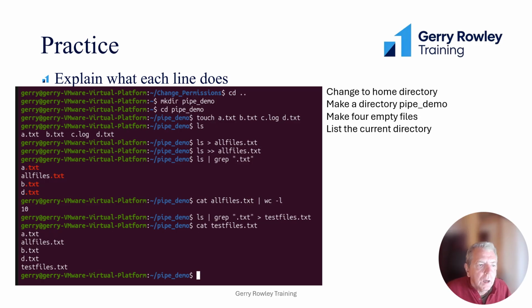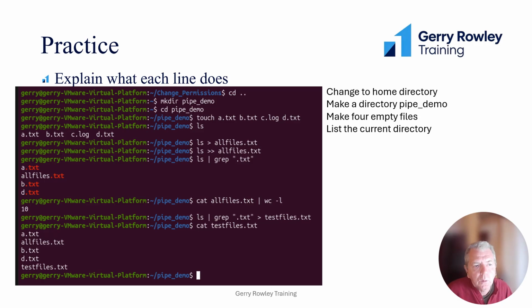In the next line, I'm going to list files, but I'm going to send the output to a new file called allfiles.txt. And then in the next line, I'm going to do the same thing again, and I'm going to add it a second time to allfiles.txt.